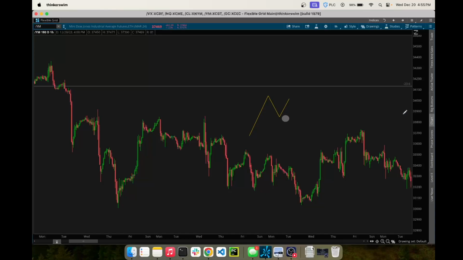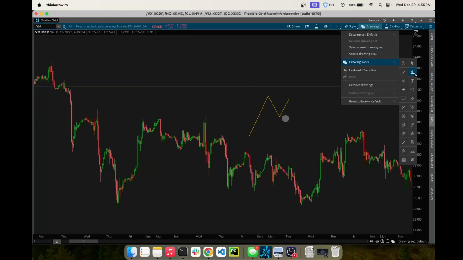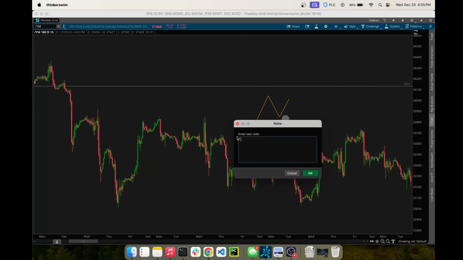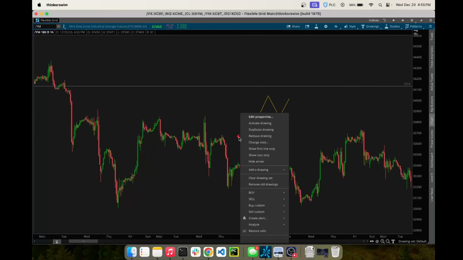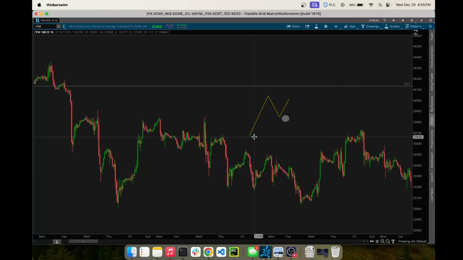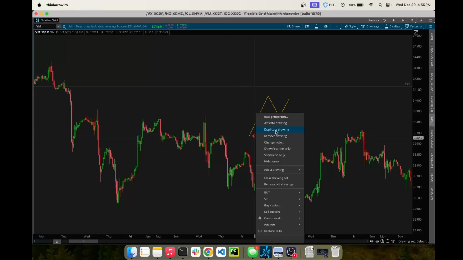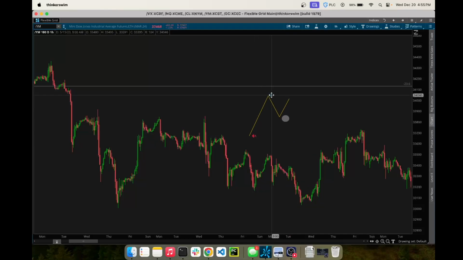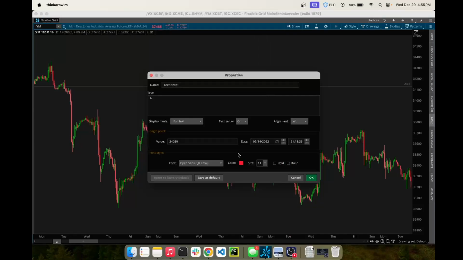Starting to consider where should we target, where should things come off? Well, now we've got our A to B leg already established. We've got A. We've got B.